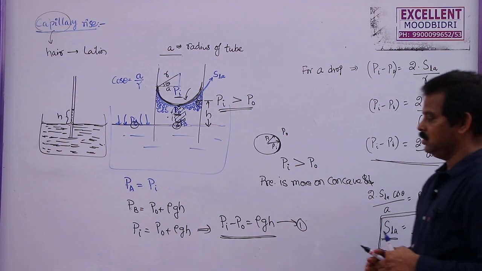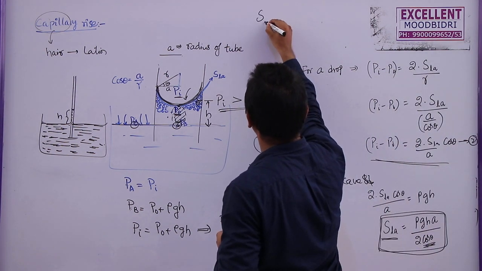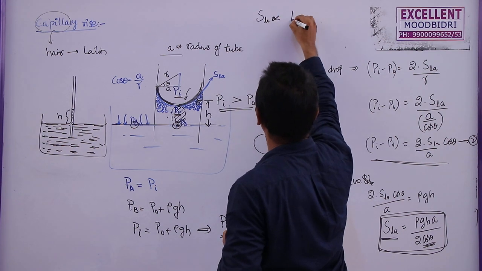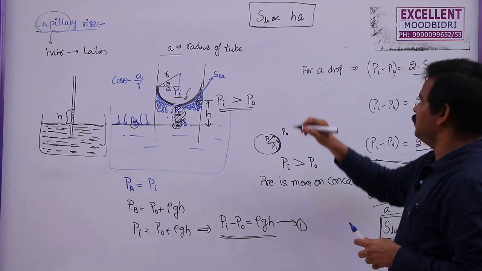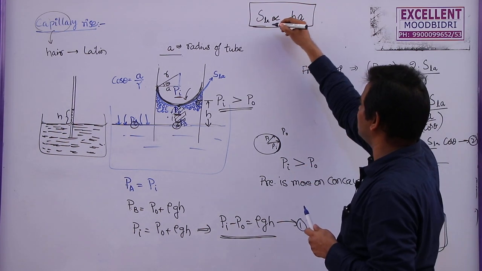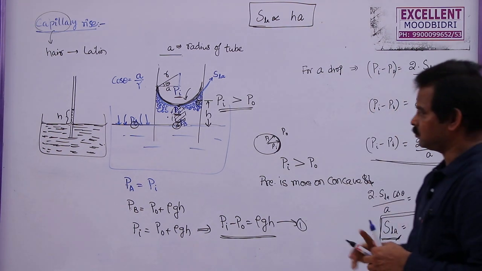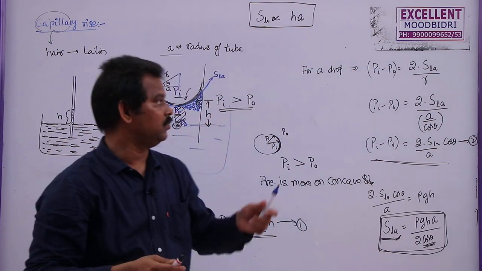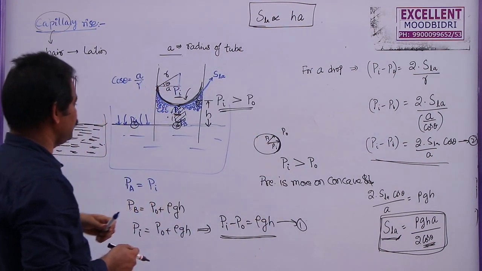So this S_LA depends on the product of h and A, as all others are constant. If height is more, surface tension is said to be more. If A is more, then what happens we will see. If you know this, we will solve problems and then we will find the relation between surface tension, height and the radius of the capillary tube.